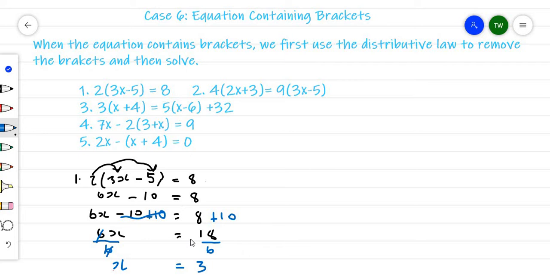Now to example 2. Example 2 is 4 open bracket 2x plus 3 is equal to 9 open bracket 3x minus 5.